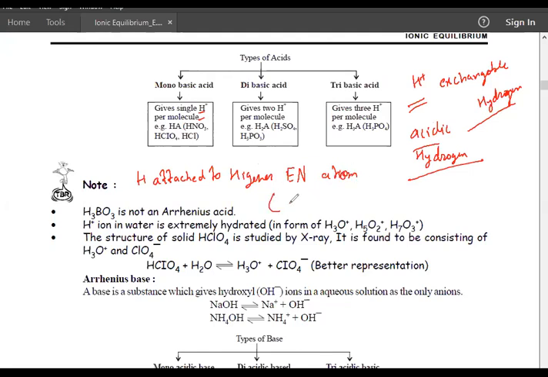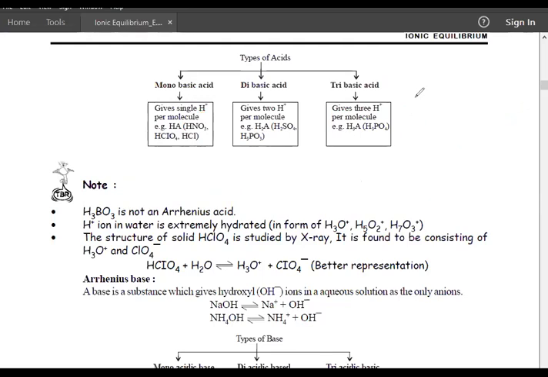And what are the highly electronegative atoms? Fluorine, oxygen, nitrogen, these three, and you can take chlorine also. They are called highly electronegative atoms, and the hydrogen attached to them is called acidic hydrogen. For example, in CH3OH, how many hydrogens do we have here? 4.